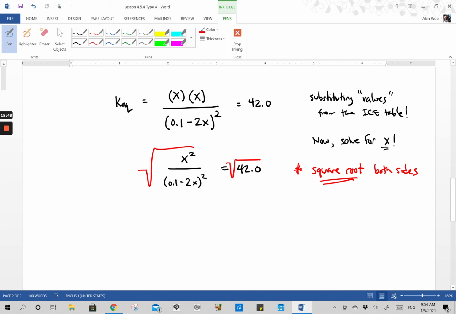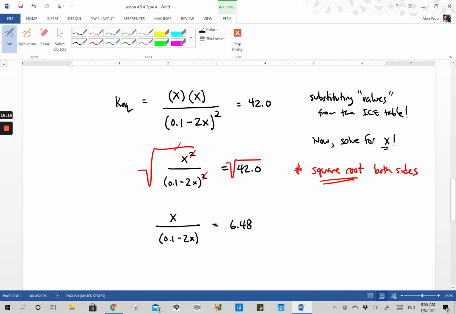So what ends up happening is the square root will cancel out all the squares so that you just have x over 0.1 minus 2x equaling the square root of 42, which turns out to be 6.48.